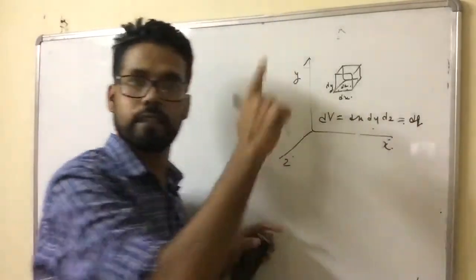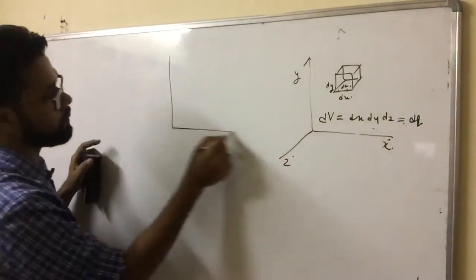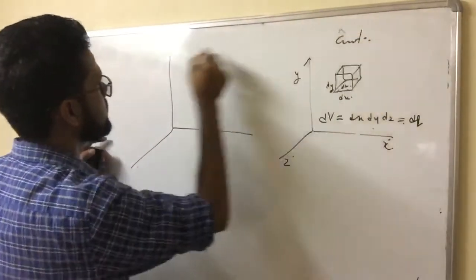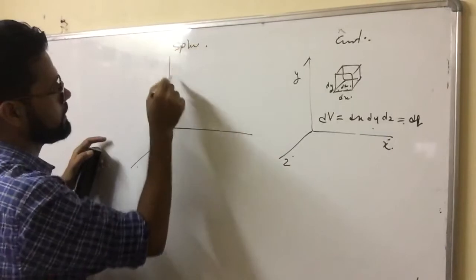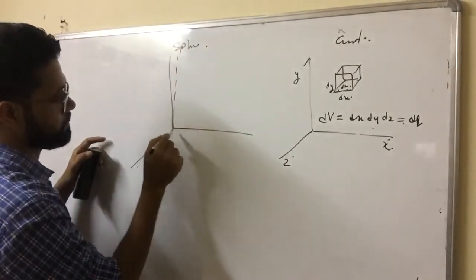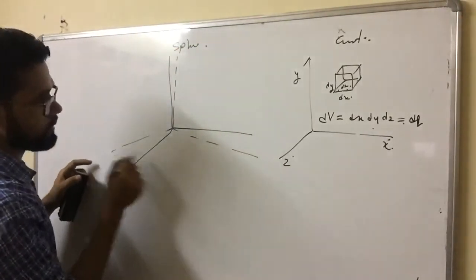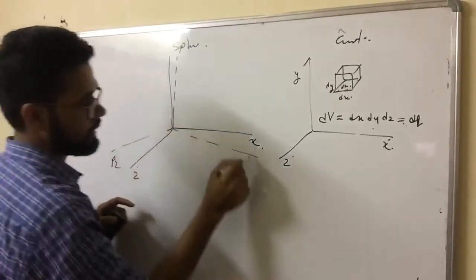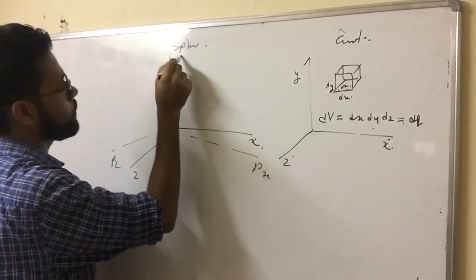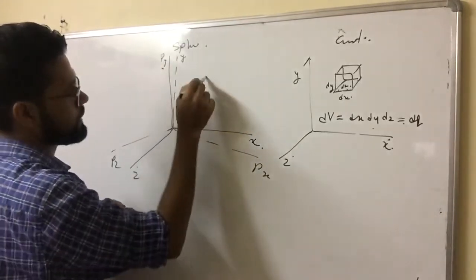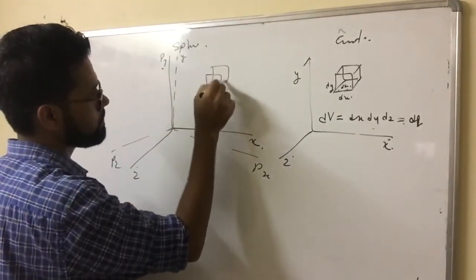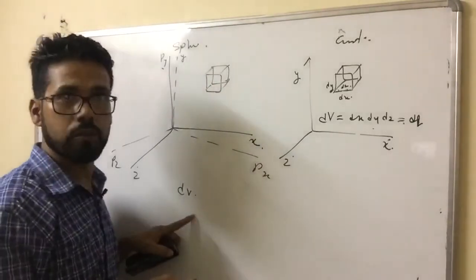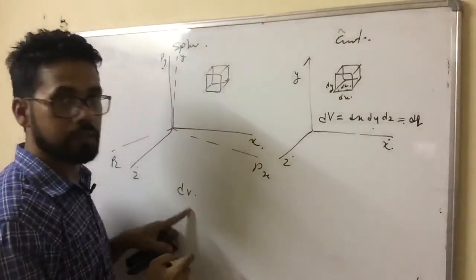It contains 3 coordinates. Similarly, this is phase space, with axes x, px, y, py, z, pz. If I take a small cell, what is the phase space volume?